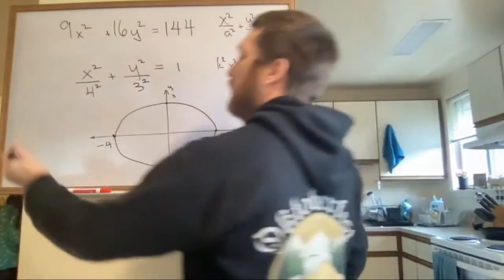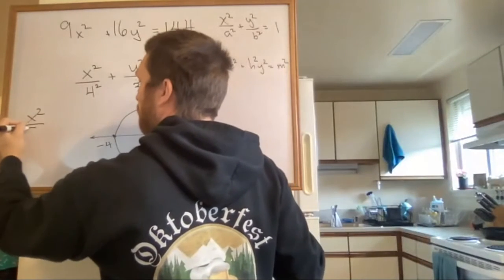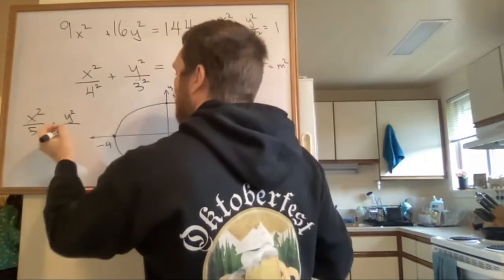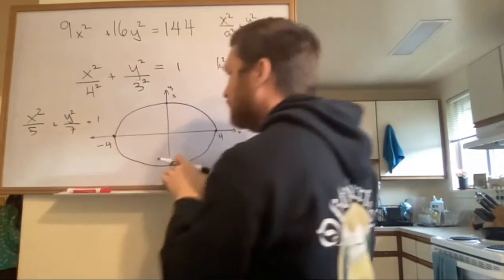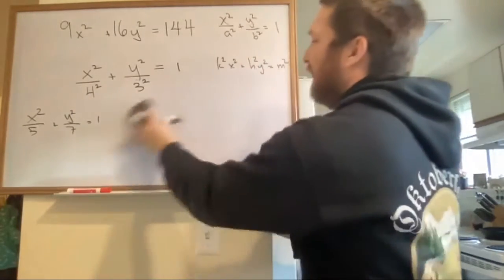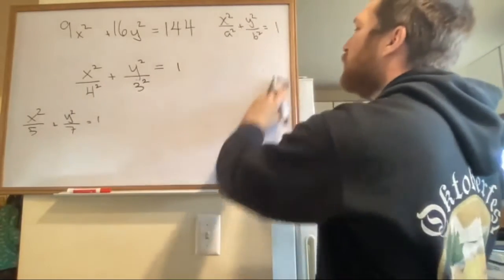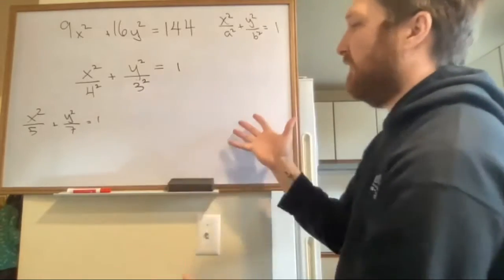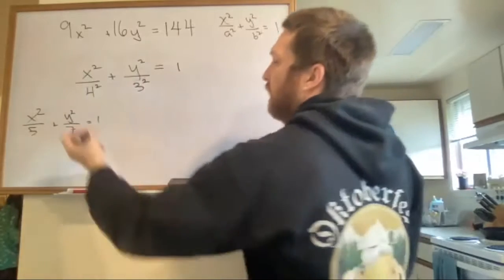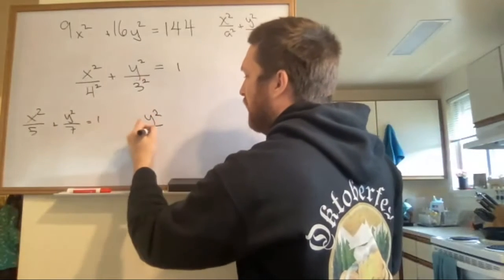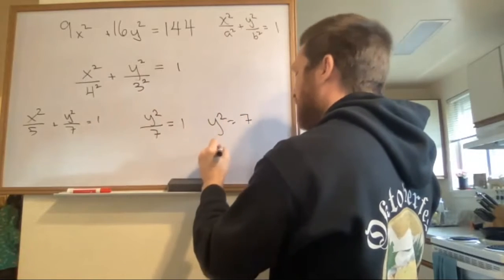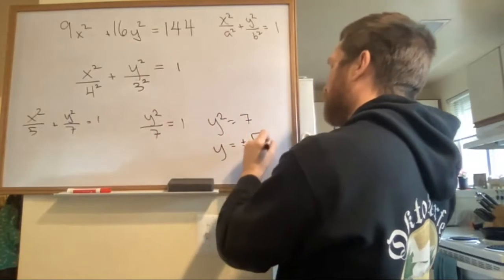If you end up with something like x squared over 5 plus y squared over, let's say 7 equals 1, you'd say, well, I don't quite have it in the form that I'm looking for. And you could just go through and graph it if you wanted, or go through and solve. You plug in a 0 for say x and you get y squared over 7 equals 1. So then you say, okay, y squared equals 7. And so then you take a square root of both sides and you get plus or minus root 7.